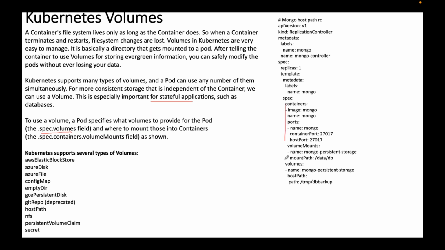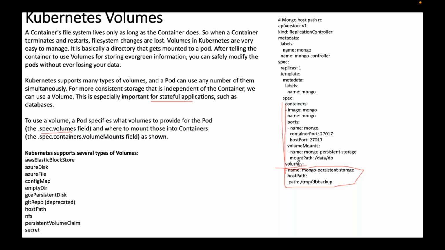The way you have containers, where can I define the volumes for that pod? This is my pod spec. In pod spec, the way I have containers, how can I define my volumes? Under pod spec, can I define a volumes field? Under that, can I define what type of volume I want to use like this? I can define a volume in my pod spec, sibling to the containers.